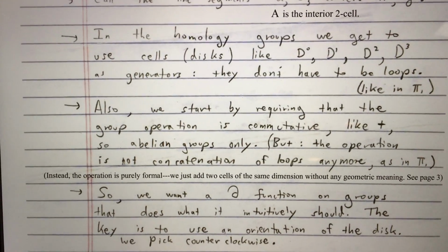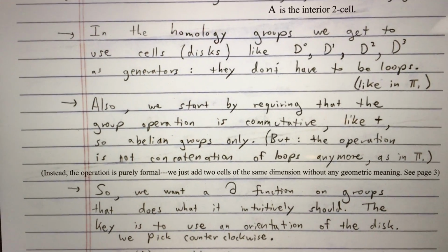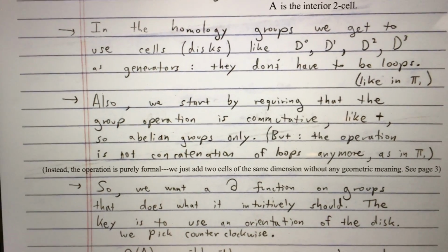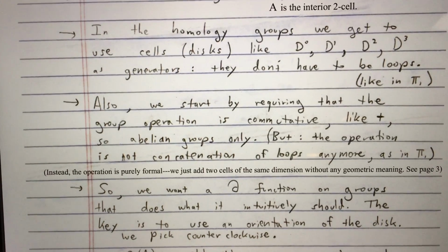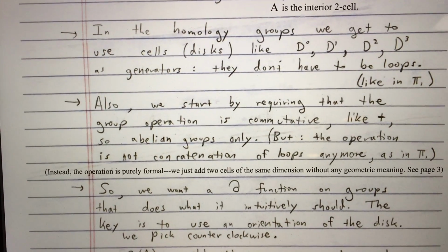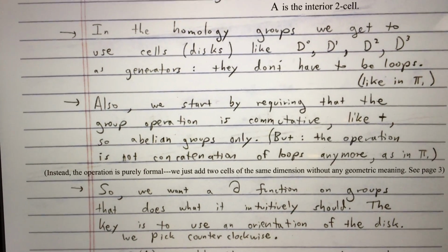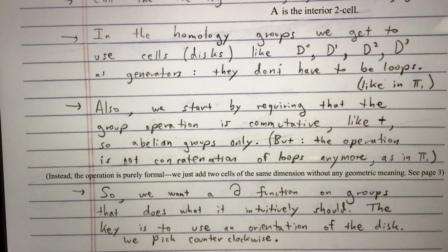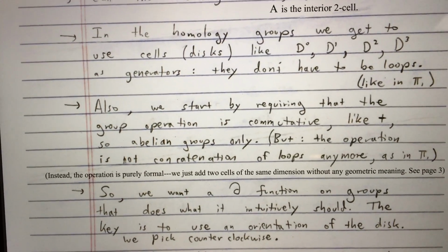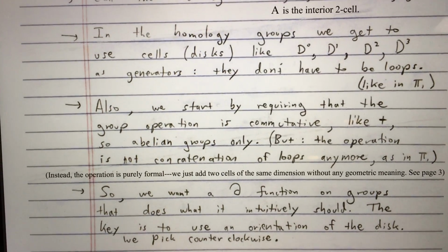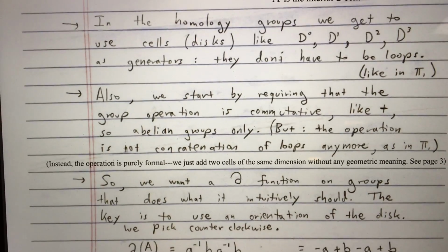Now what I needed to say here, though, is that we want to take that boundary function. Remember, it looks like the partial derivative, but there's a good reason for that, since it obeys a sort of Leibniz rule we saw before. We won't use that right here, but we do want a boundary function, and we want it to be on those groups where we're using all of the cells as the group generators, that it does what it intuitively should.